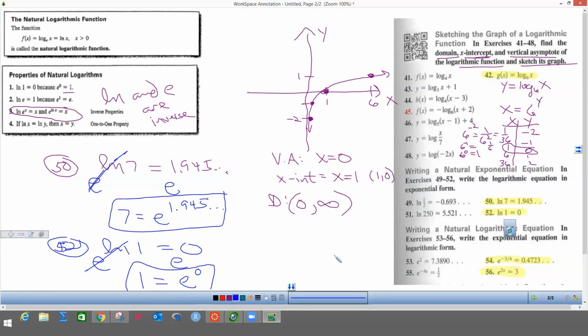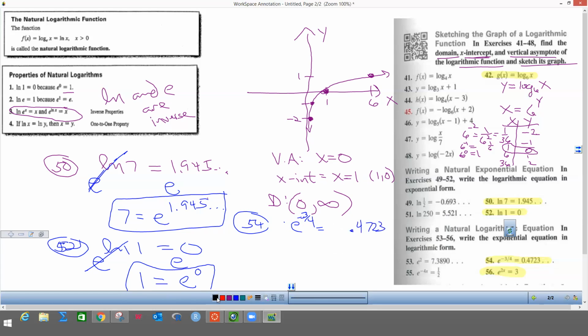So that's that problem. Now I'm going to do this problem using the inverse again. So 54 says E to the negative 3/4 power is going to equal 0.4723.